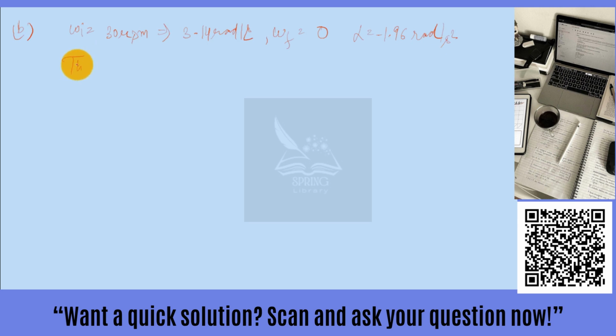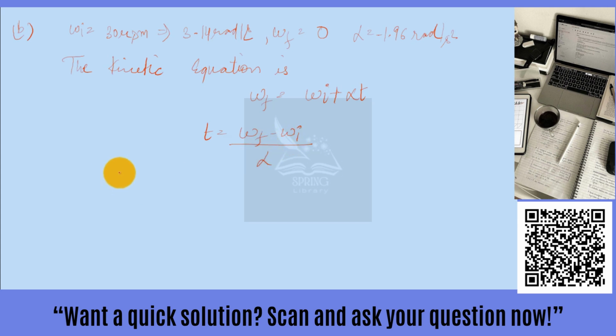Solution: the kinematic equation is omega f is equal to omega i plus alpha t. Solving for t, we have t is equal to omega f minus omega i divided by alpha.